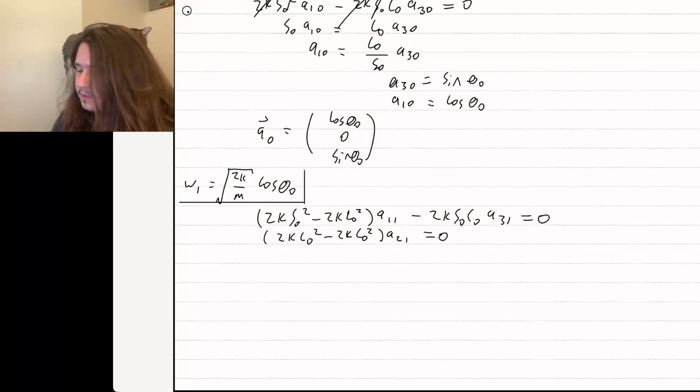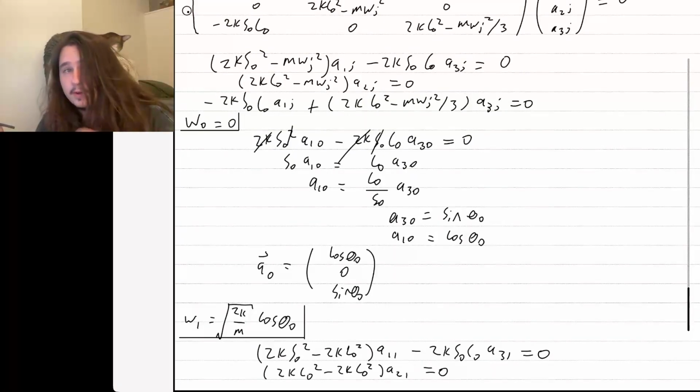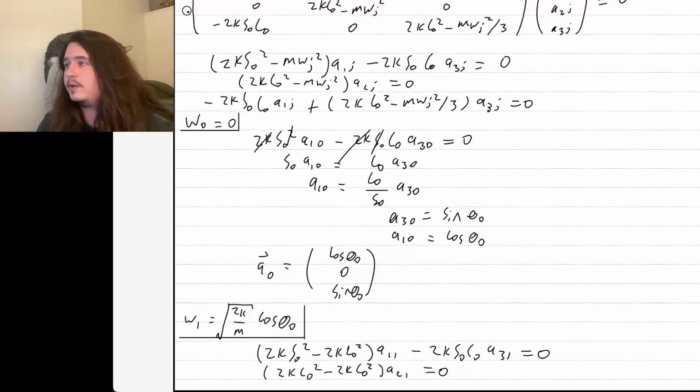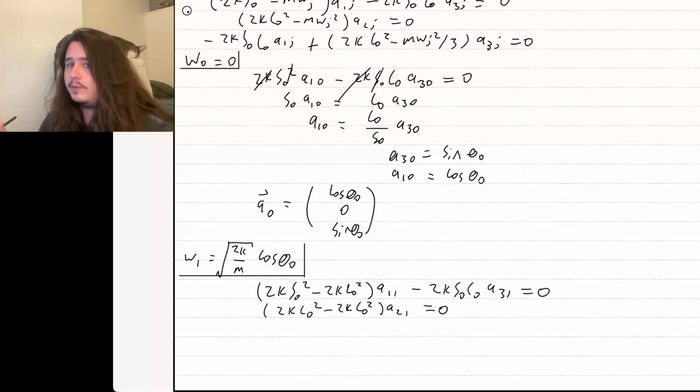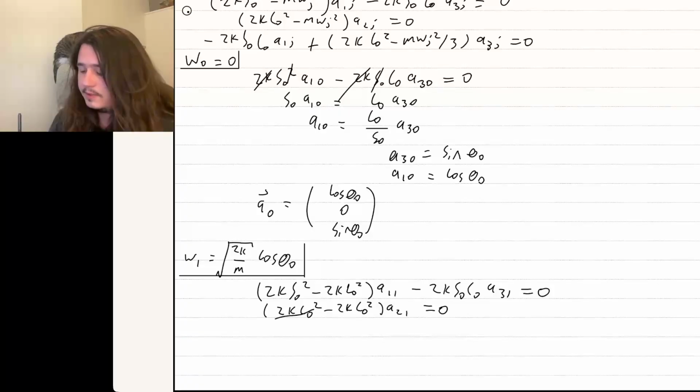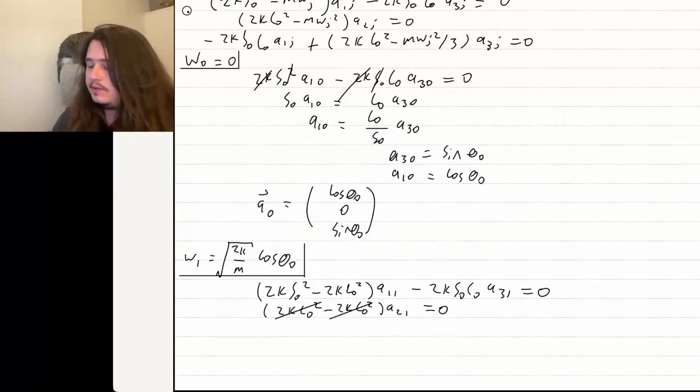We couldn't have done this with the first one, because if we plugged in the eigenvalue for the second equation for the first eigenfrequency, we would have gotten that the second equation was non-trivial. But here the second equation is trivial, since this term exactly cancels out this term, which means a21 is a completely free variable. And since a11 and a31 are also free, just dependent on each other, let's just do a21 equals 1.